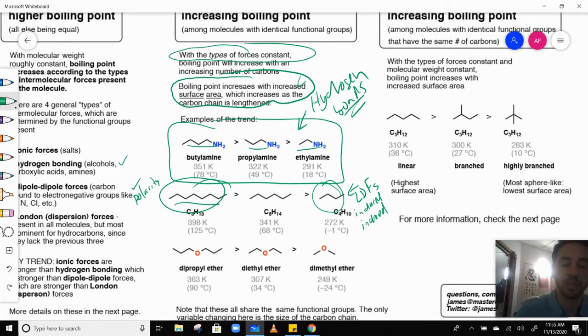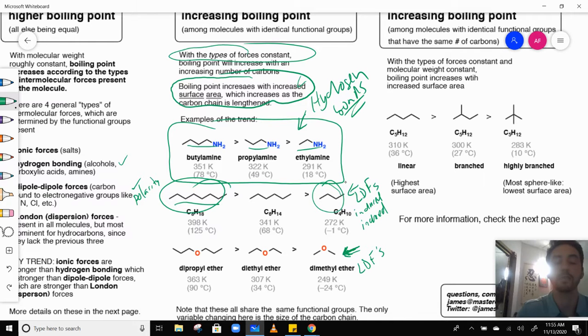And then the last one here, these ones all have the same. I don't believe these have hydrogen bonds. No, these would not have hydrogen bonds. These would just be LDFs too. Typically, in order for something to have hydrogen bonds, the hydrogen has to be directly attached to an oxygen or a nitrogen. This oxygen doesn't have any hydrogens attached to it, so it's not going to pull electrons away from the hydrogen.